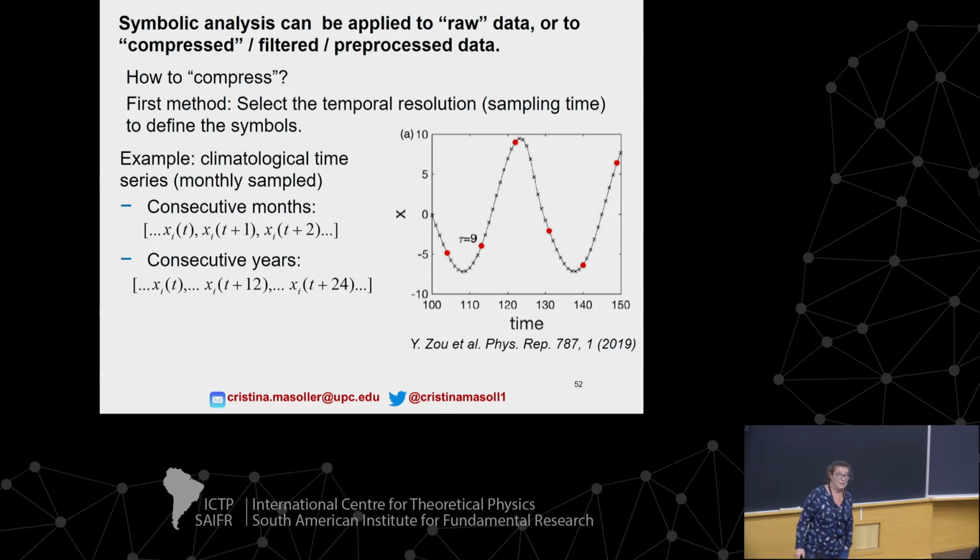This is particularly important also for climate data or any data that has some seasonality. It's not the same if you analyze all the data, consecutive points, as if you, for instance, in climate data, take one point every 12, and then you will see phenomena where the results are completely different.